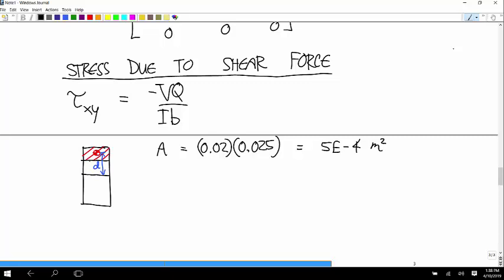And that distance, remember, you're going to the centroid of that area, not just to the line that you are interested in. So the distance is, you can think of it as 0.025 plus halfway to the top, 0.0125. So 0.0375 meters.